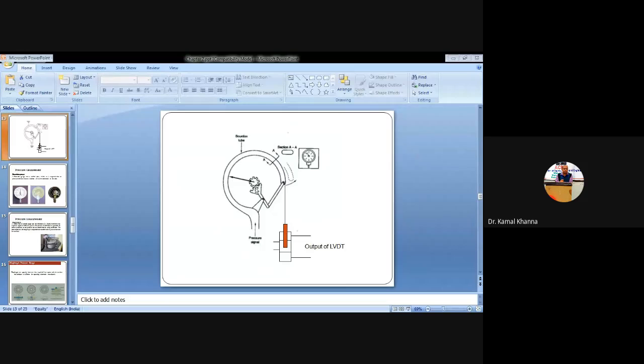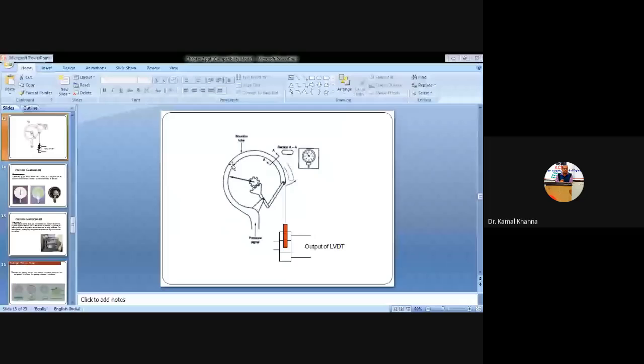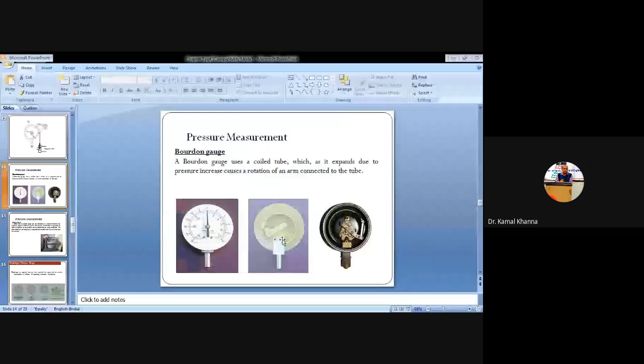On the gear we have a pointer which provides a reading on the reading scale. Internally, its mechanism works like this. You can see this is the internal figure of the Bourdon tube, and this is the outer image of the Bourdon tube, and this is how it works.